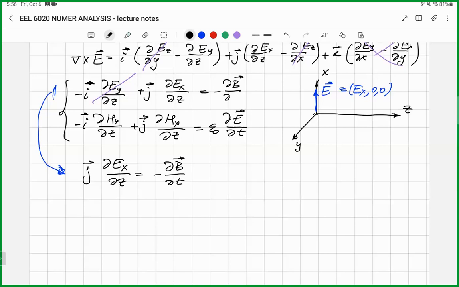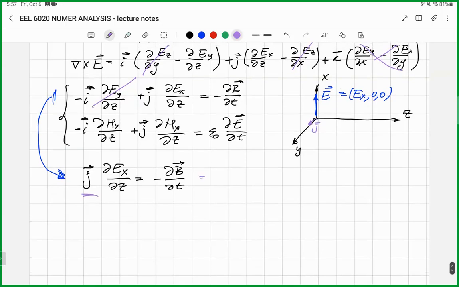Here it's a t, of course. So the time derivative of magnetic field is parallel to the axis y, since this j points along the axis y. So the magnetic field is parallel to the axis y, so it's orthogonal to electric field.